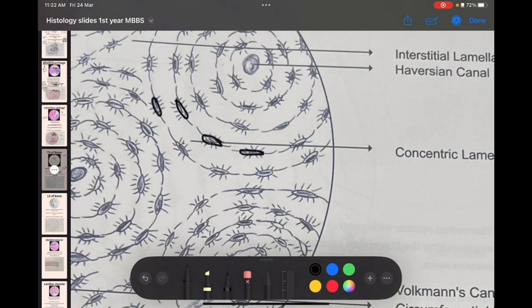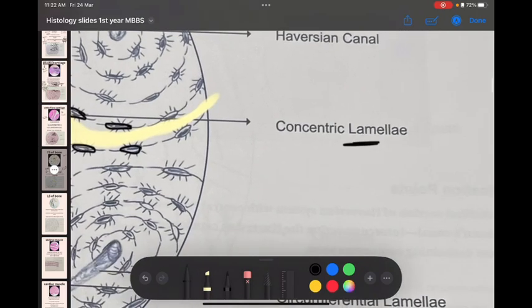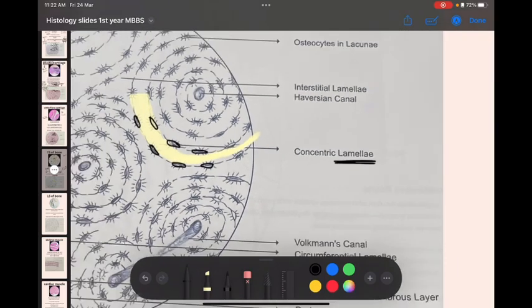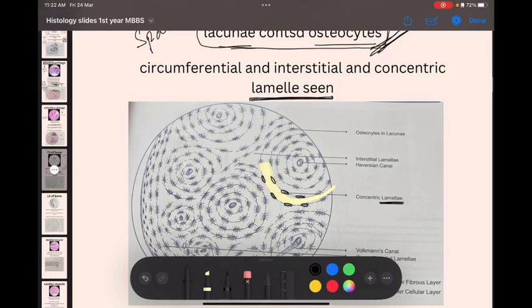Similarly on the other side these will be the lacunae. So this region is considered as the lamellae.